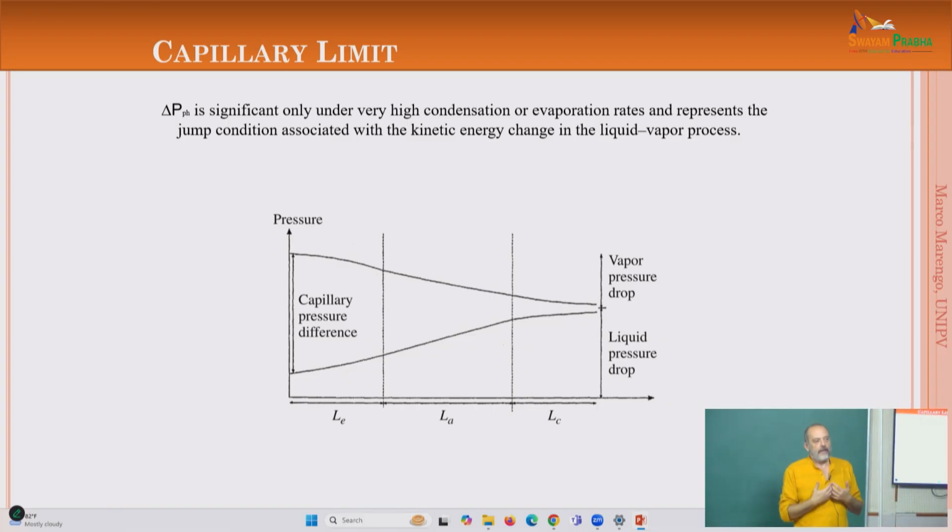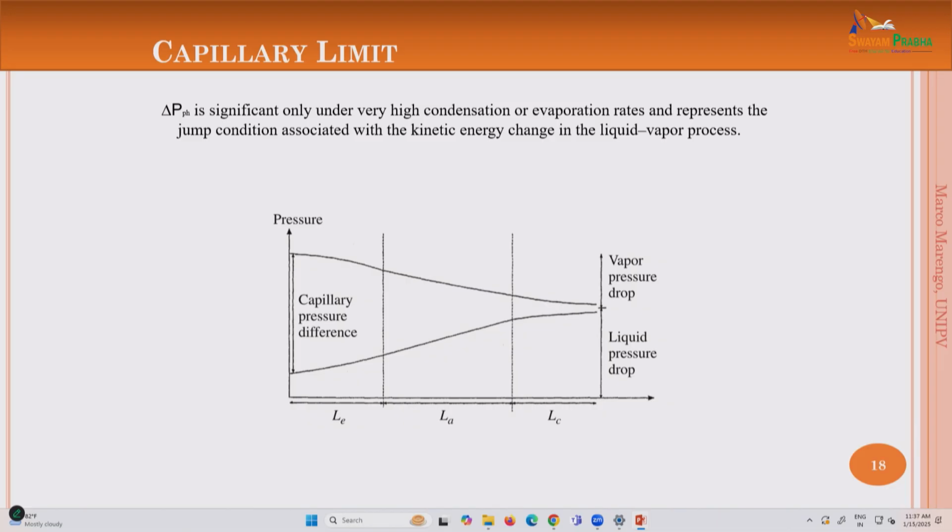You know that the pressure is linked to the Laplace pressure, and the Laplace pressure is related to the dimension: sigma divided by 2r. This is linked to the surface tension.